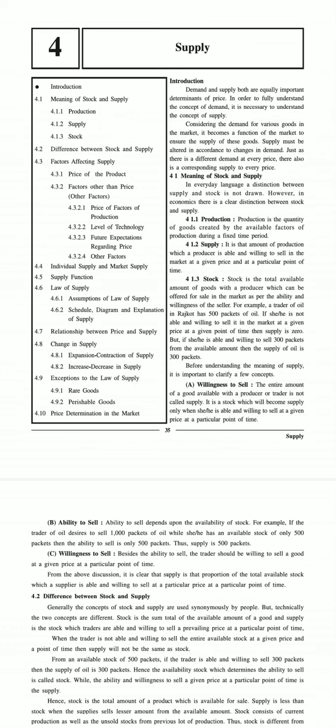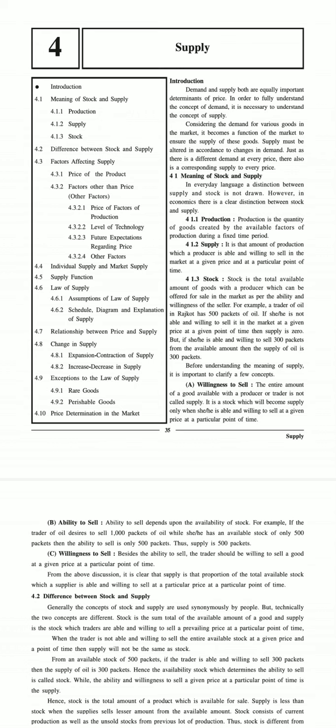When you talk about the stock, it is the total quantity of goods that is available for sale with a seller at a particular point of time. Whereas the term supply refers to the quantity of goods that a seller is able and willing to offer for sale at a particular price during a certain period of time.